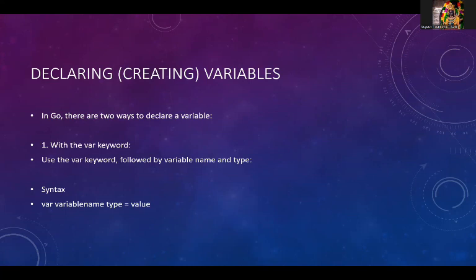The syntax I have mentioned here is that we use the keyword var, then give a variable name, suppose a, and then the type of the variable, whether it is integer, boolean, string, or whatever it may be. In the value section, we provide the value, either an integer, float or string value, whatever it may be.